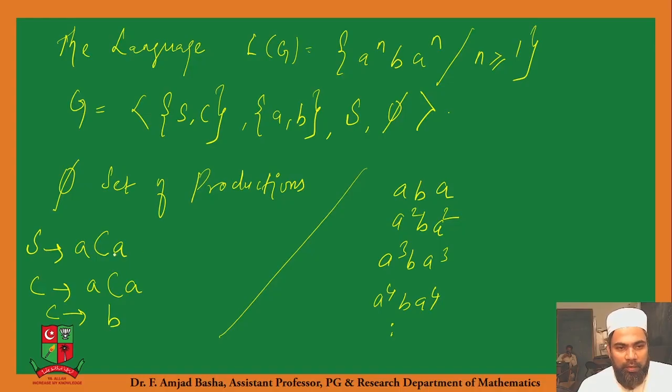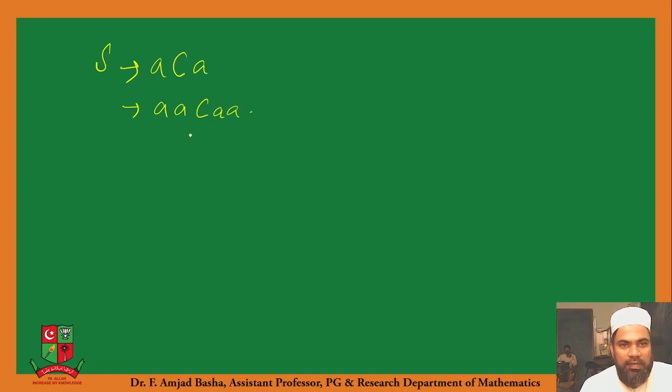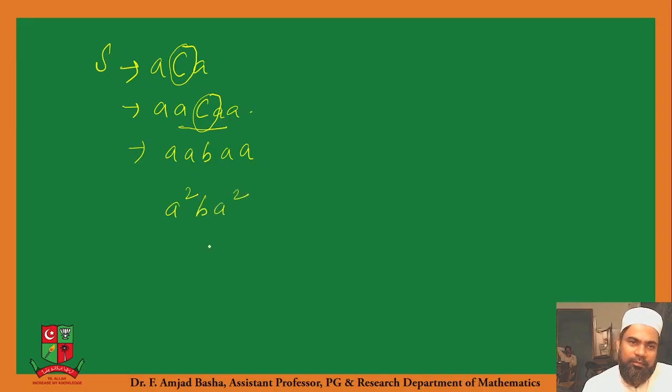If I want to stop with this, I can have aa. Now C I'll replace by b, so I'll just get aa. So the word which is generated over here is a square b a square.